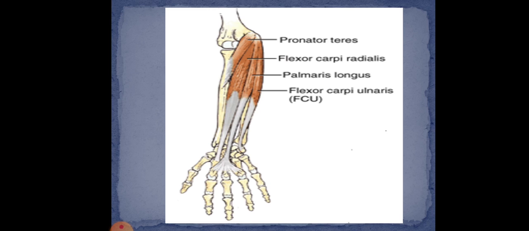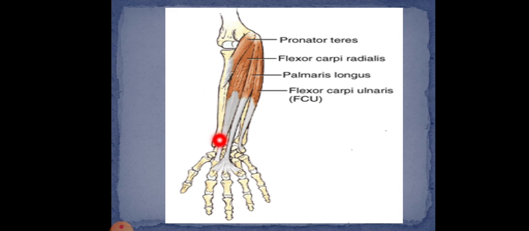The insertion of these muscles is very important because by the insertion you can identify the muscle. For example, pronator teres is inserted into the middle of the lateral surface of the shaft of the radius.